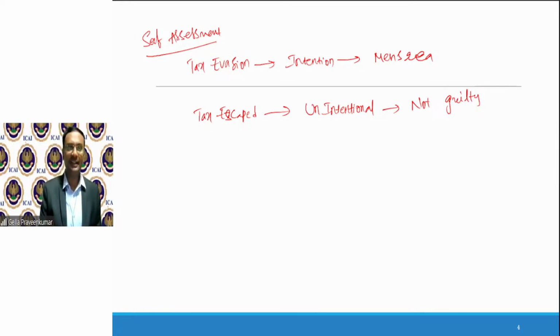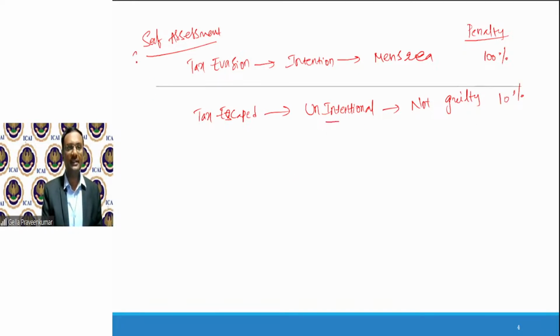Now, when I talk about this, there is something called penal provisions, which is penalty. In case of tax evasion, my penalty is 100%. In case of unintentional, my penalty is 10%.